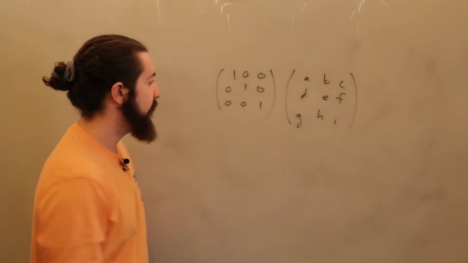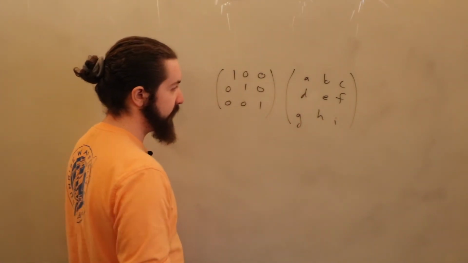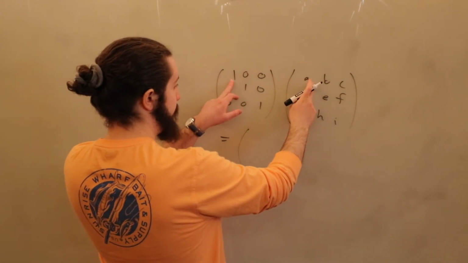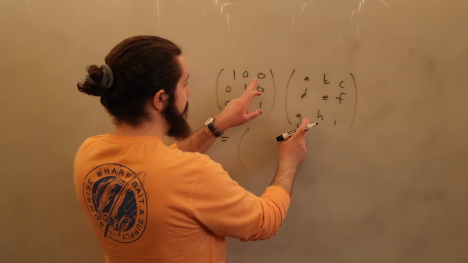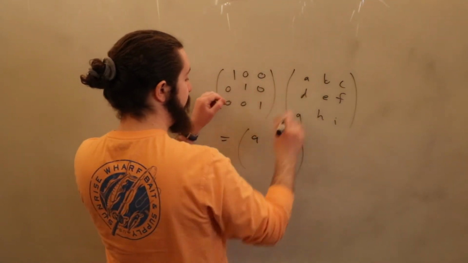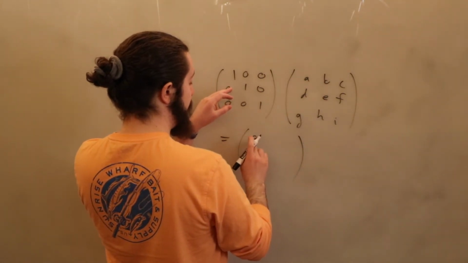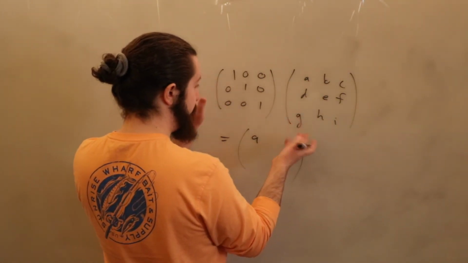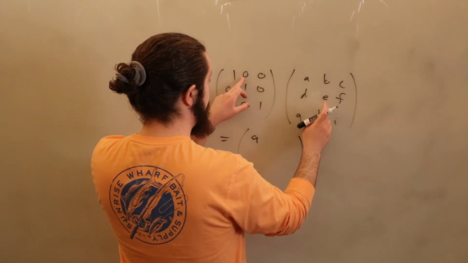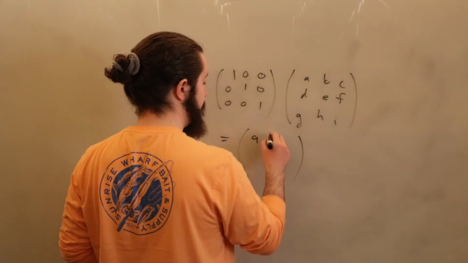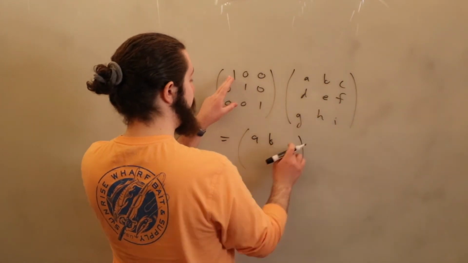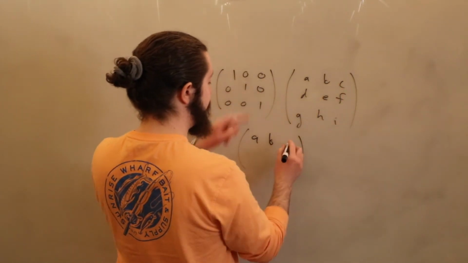Let's do another. How about this matrix times this matrix? Well, we'll have 1 times A plus 0 times D plus 0 times G. Well, that'll just be A. Now for the first row, second column, we'll have 1 times B plus 0 times E plus 0 times H. So we'll have B. Looks like we're going to have a similar story here in the third position, C plus 0 plus 0.